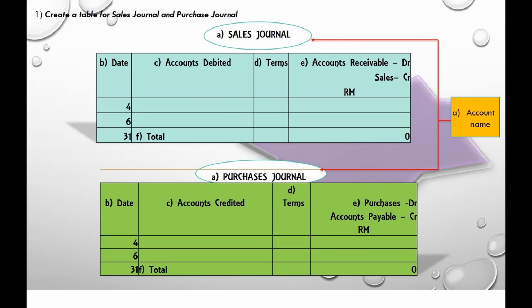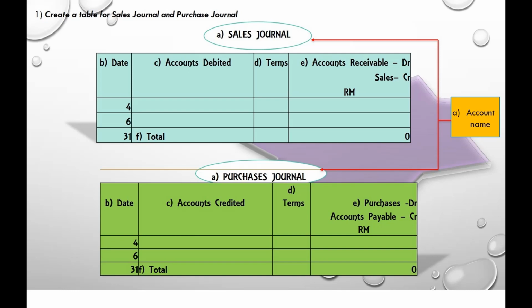Terms is for discounts, and the terms and conditions will be given from supplier to customer when they do credit transactions. Terms and conditions depend on the agreement between supplier and customer. We must make sure the date follows the calendar, don't skip the date, and the dates must be arranged systematically.